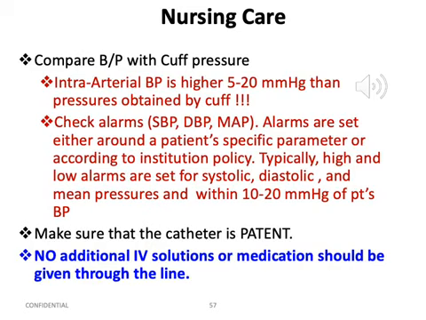We need to compare blood pressure with cuff pressure, always comparing the arterial line with the manual. Usually the intra-arterial blood pressure is higher, by 5 to 20 mmHg, than the pressure obtained by cuff. And the intra-arterial pressure is always more accurate if the system is optimized.